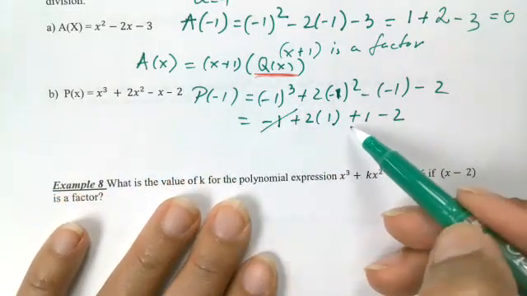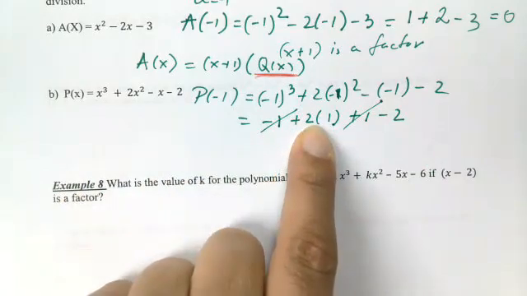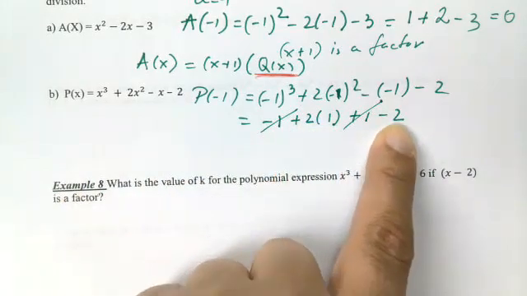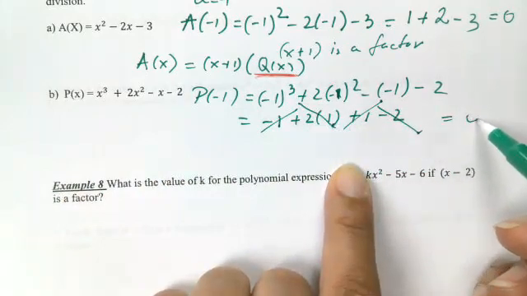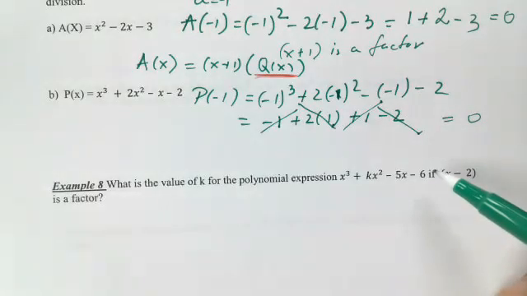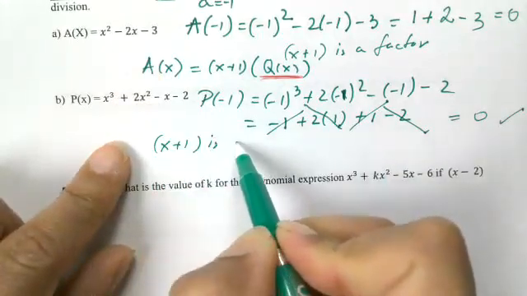Negative 1 and 1 is 0. I like to sometimes cancel them like that when they equal 0. Here I have a 2 and here I have a negative 2, so these ones also will be 0. So it equals 0. So we verify, right, that x plus 1 is a factor.